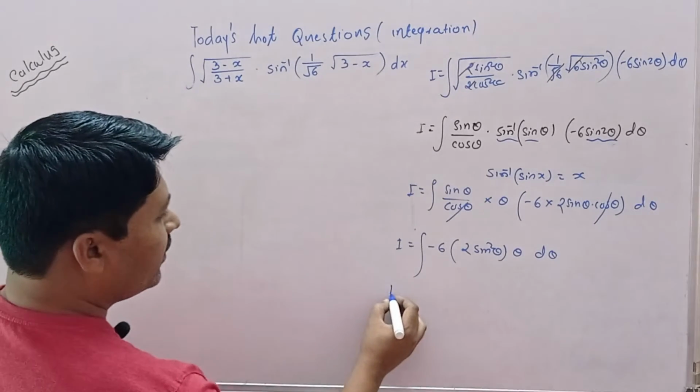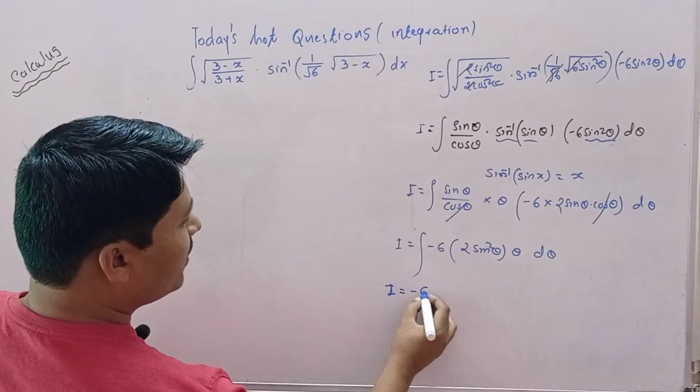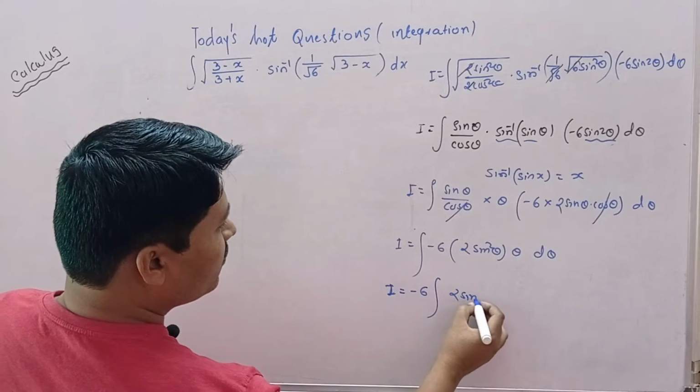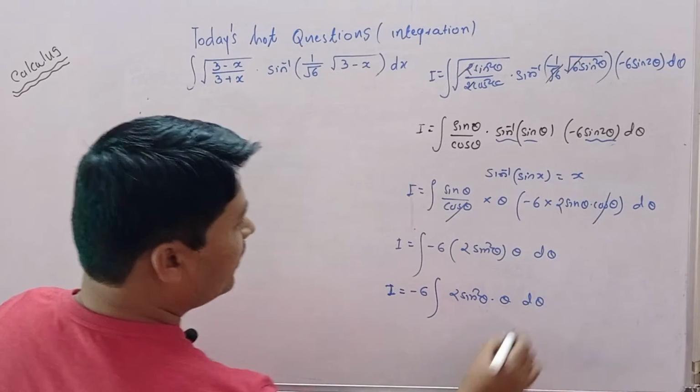Now we can take minus 6 outside, and the integration of 2 sine square theta into theta d theta.